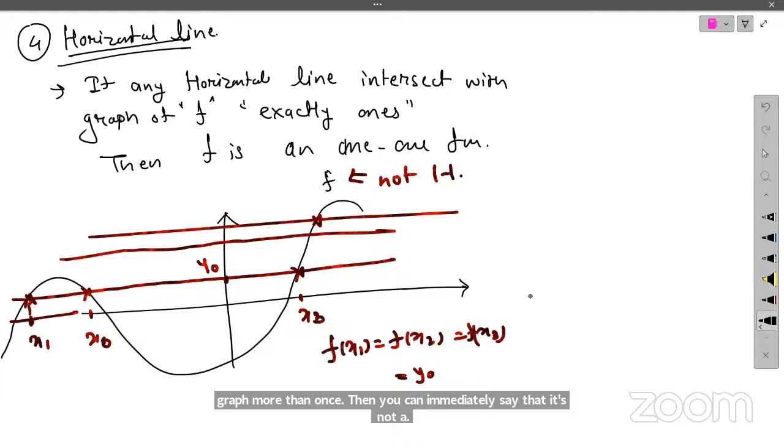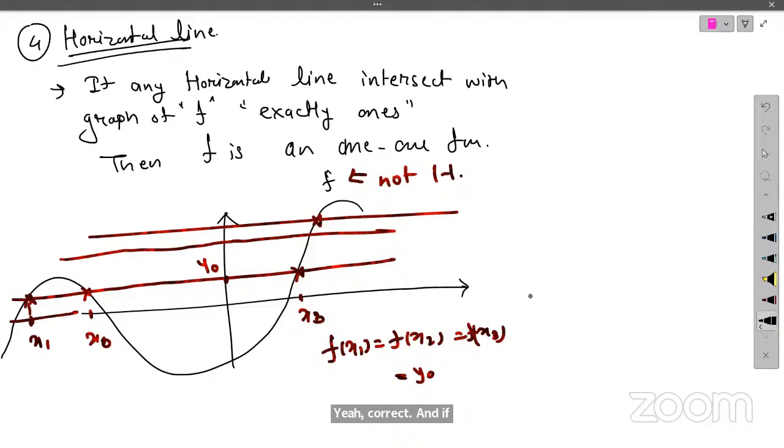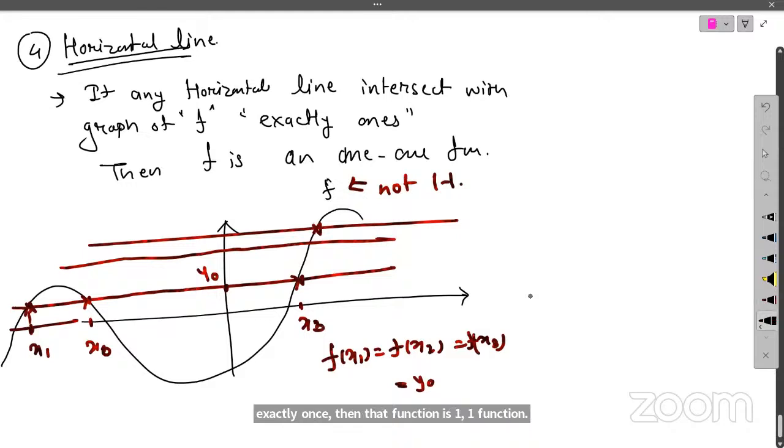And if a graph satisfies the horizontal line test, that means if you draw any horizontal line and it cuts your graph exactly once, then that function is one-one. So this horizontal line test can be applied in both ways. You can either show that it's not a one-one function, or you can easily prove that it is a one-one function because of the horizontal line test.